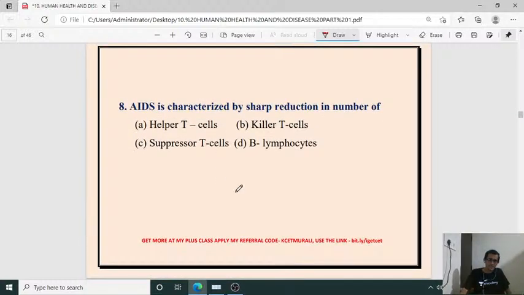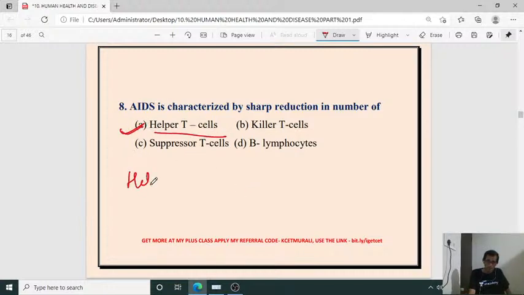AIDS is characterized by a sharp reduction in the number of which kind of lymphocyte? B lymphocytes and T lymphocytes are there, out of which, first of all, which kind of cells show a sharp decline in number? The right answer is helper T cell. Why helper T cell?